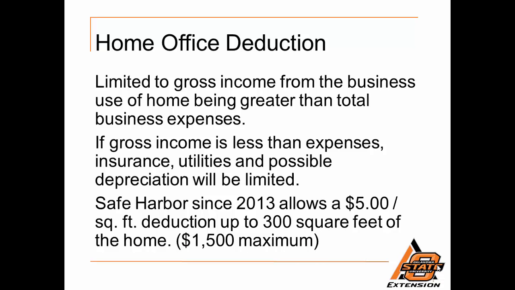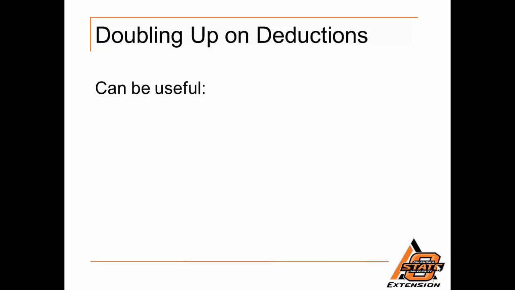It allows a $5 deduction per square foot up to 300 square feet of the home used for your principal business. So you get a maximum of a $1,500 deduction no matter what the gross income is. The safe harbor $1,500 deduction, again, may not be much, but $1,500 deduction is, in my opinion, significant.